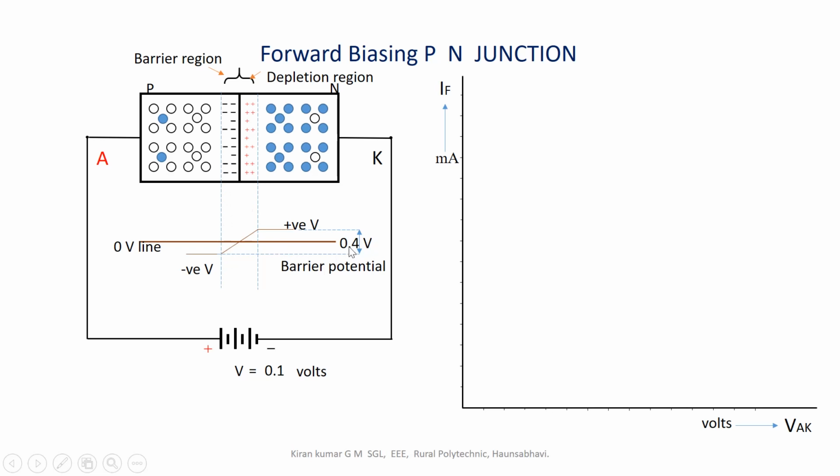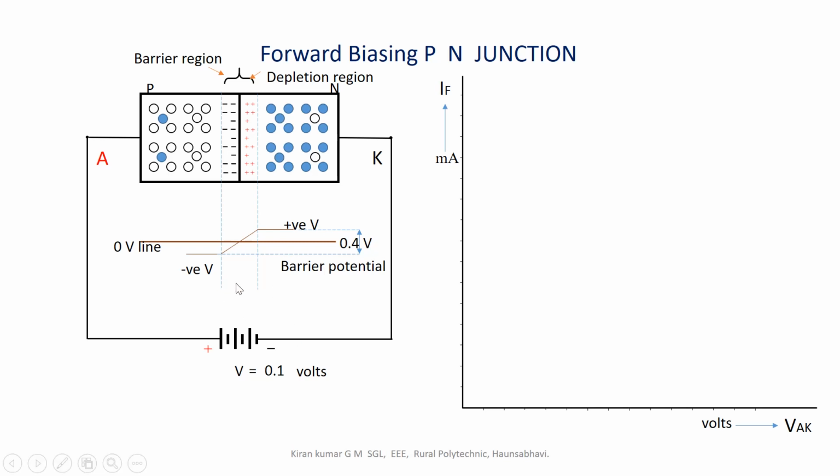With this reduction in the barrier potential, a few of the free electrons will be crossing this junction and passing through the P region and reaching the positive terminal of the external battery, creating a small current.